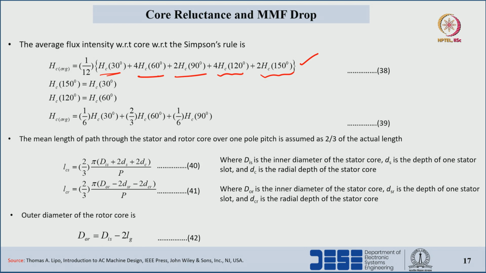For a sinusoidal function, if we consider 150 degrees and 30 degrees, both are the same, and 120 degrees and 60 degrees are also the same. So, depending on that, if we rewrite equation number 38, Hc at 30 degrees and the flux intensity at 150 degrees will be the same, so 3 into Hc at 30 degrees will come.